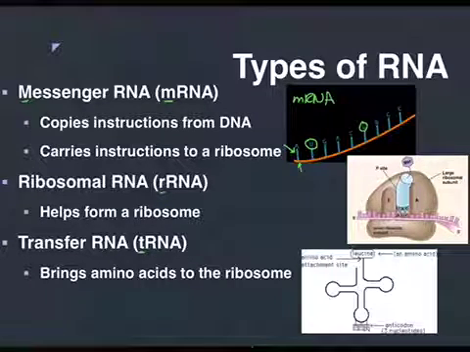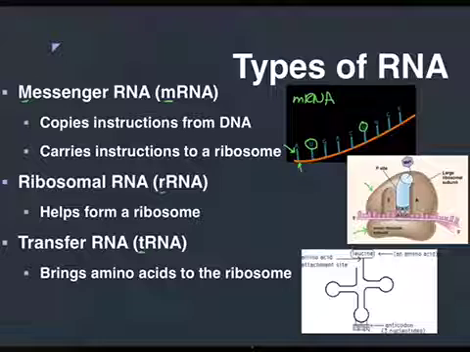Our next RNA is ribosomal RNA, and these pieces of RNA help form ribosomes. So a ribosome is made up of a small subunit and this larger subunit. And both of those pieces are particles of rRNA.